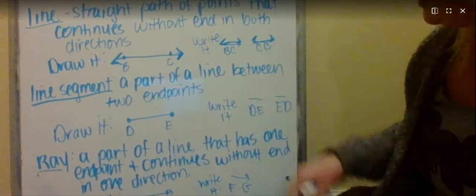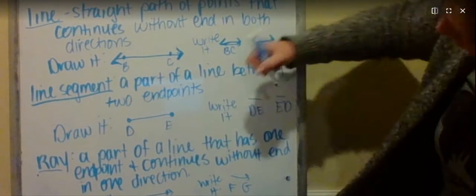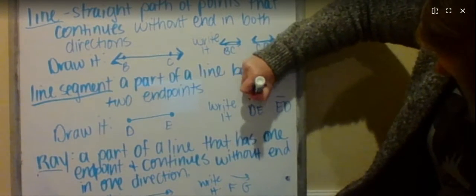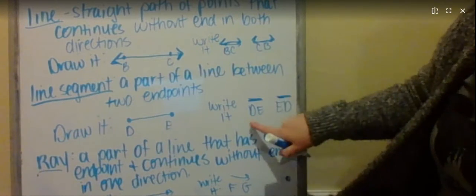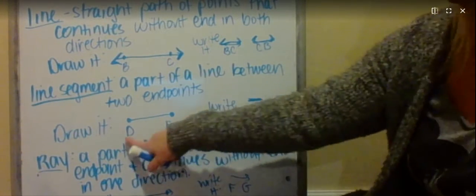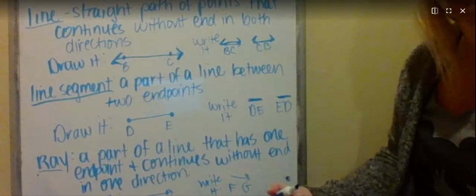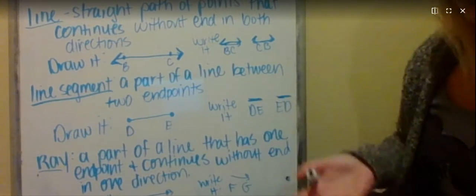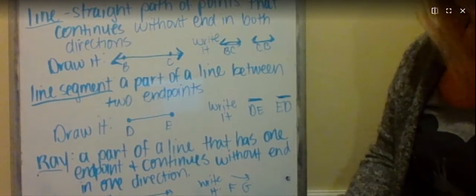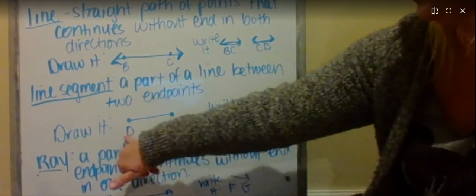To write it, you don't have to draw the endpoints, you just do a line and say DE, or you could say ED. But with reading, we read from left to right.